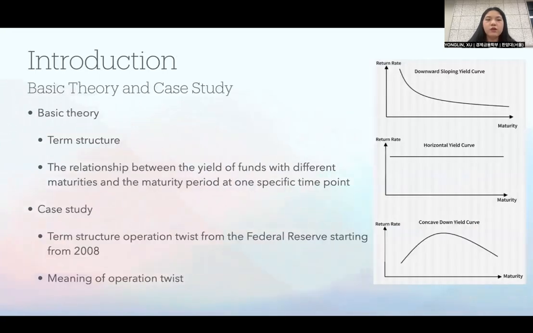Firstly is the introduction part. First, I'm going to talk about the basic theory, which is the term structure. This theory shows the relationship between the yields of funds with different maturity and the maturity period at one specific time point.